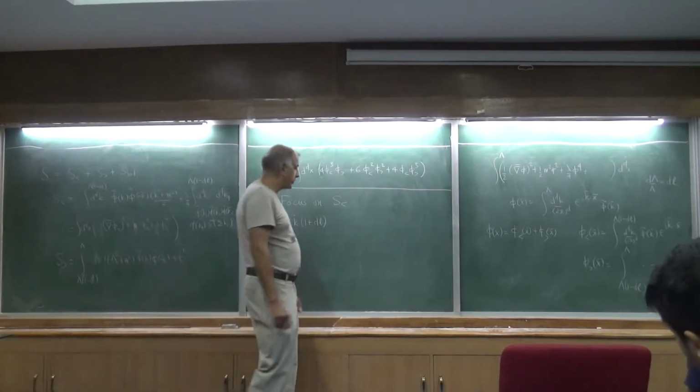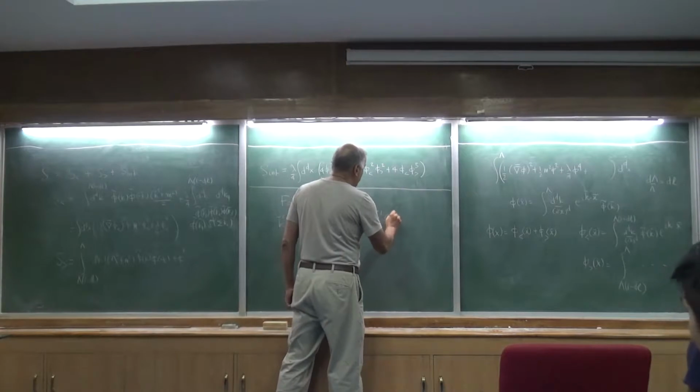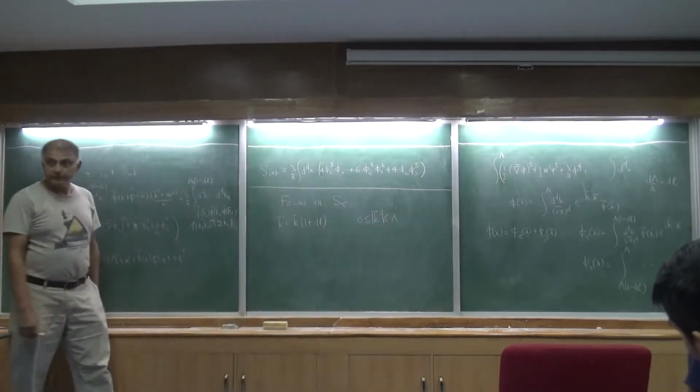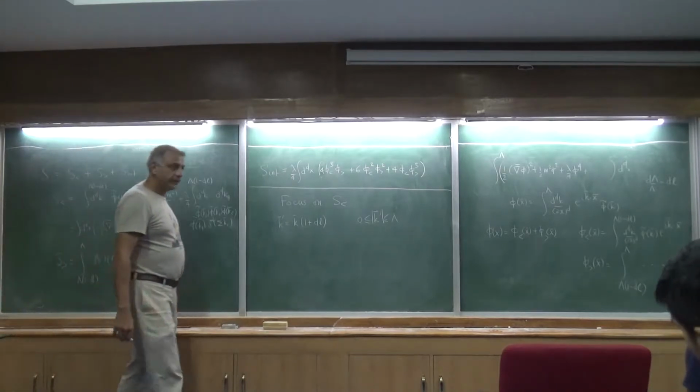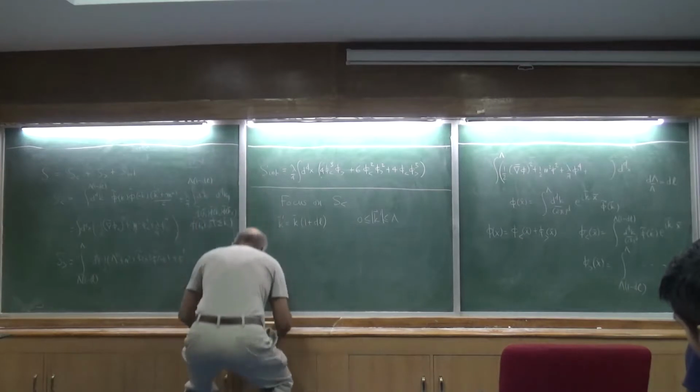So 0 less than k prime less than lambda. Alright?